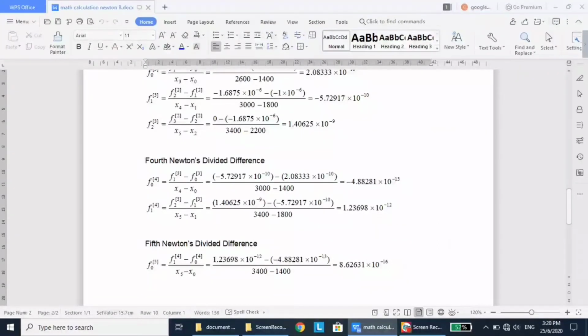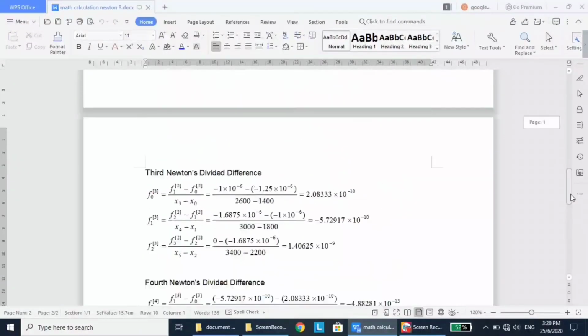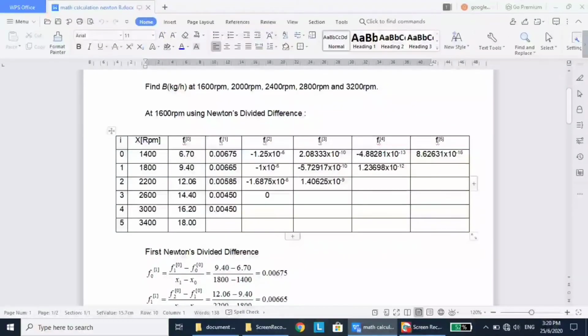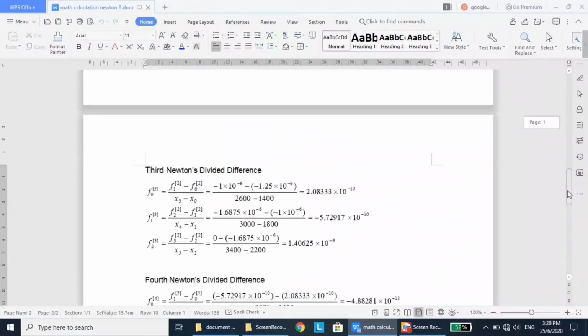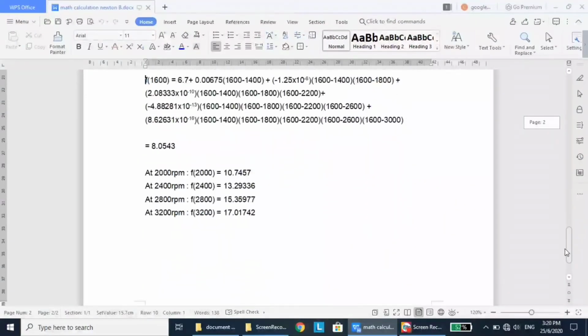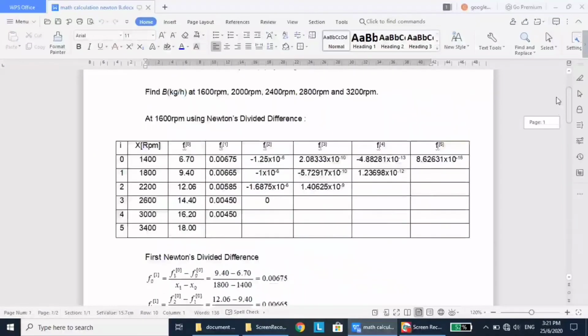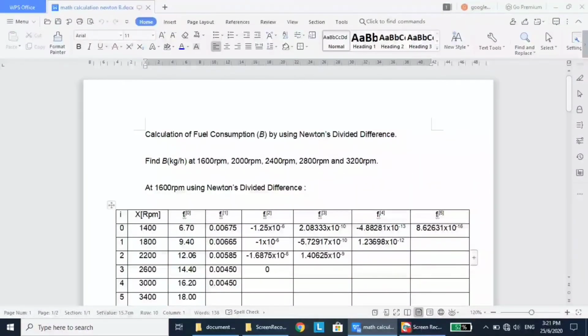After we get it, we must complete the table here. After we complete it, we move to step 5, which is write the formula. Write this formula and enter the values that we will use. The values that we use are only in here.